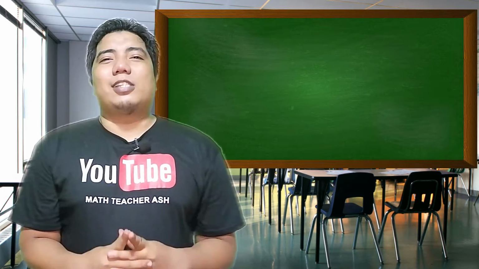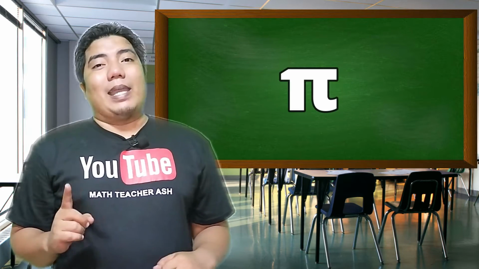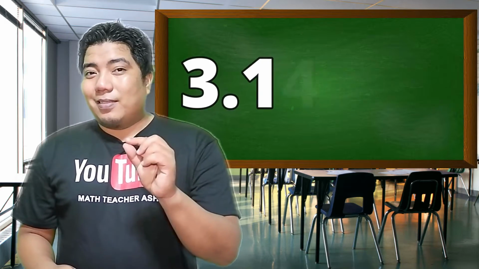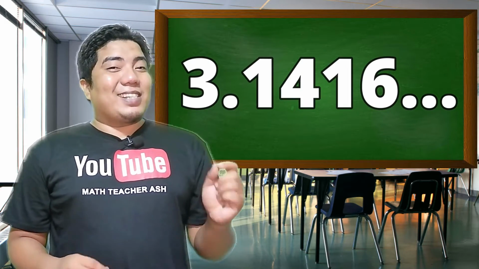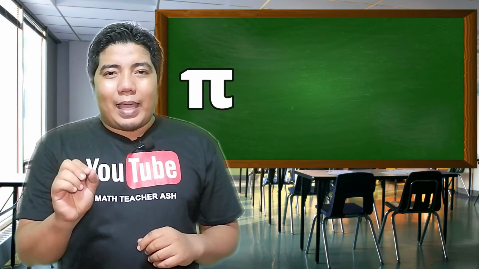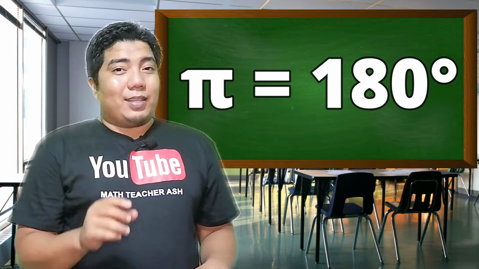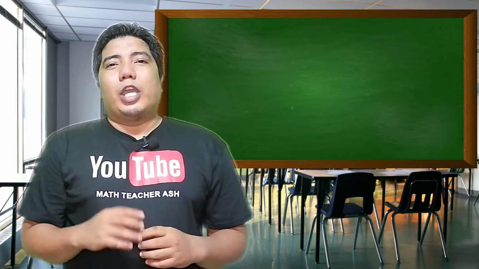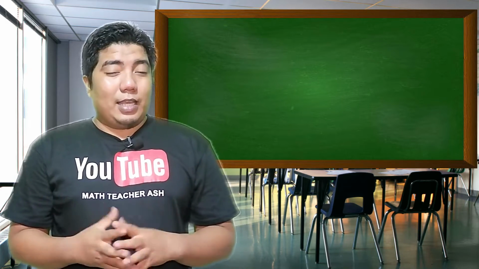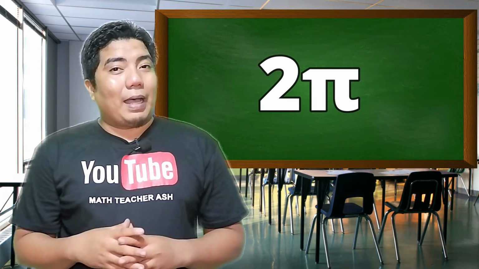Now, this is the concept, my dear math learners. Always remember that pi is equal not just to the 3.1416 that we are using in the formula for circles, but pi based on degree measurement is equal to 180 degrees. If we put this into the context of the circle, the whole circle is equal to 360 degrees or 2 pi.